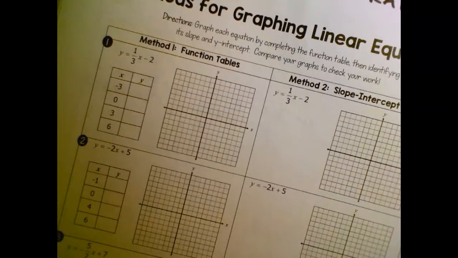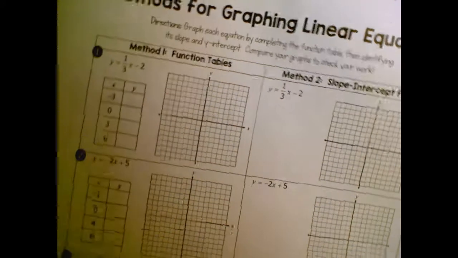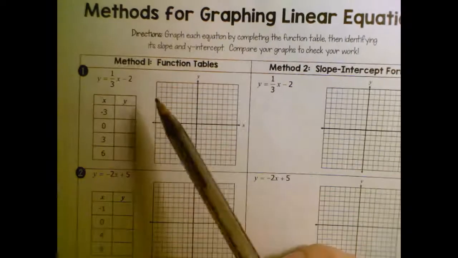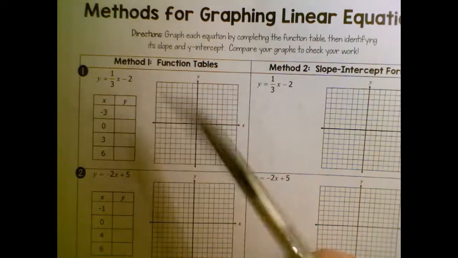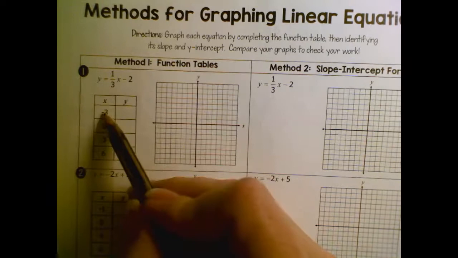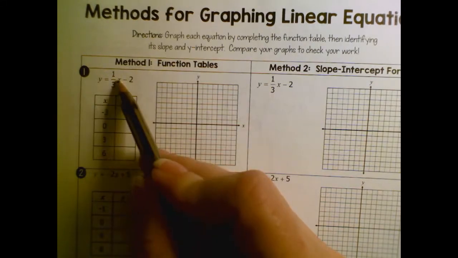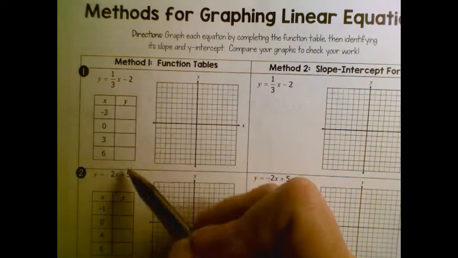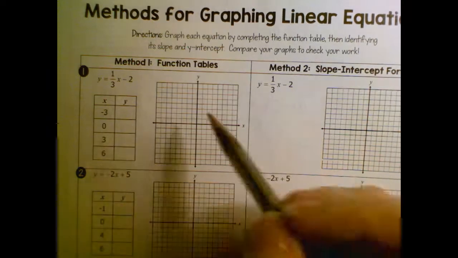Hey everyone. Today's lesson is the two different ways that we can graph linear equations. We talked about graphing through function tables, where we input our x value into our equation and we get a y, and then graphing those ordered pairs.